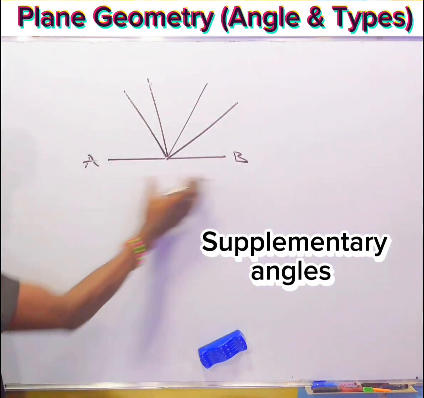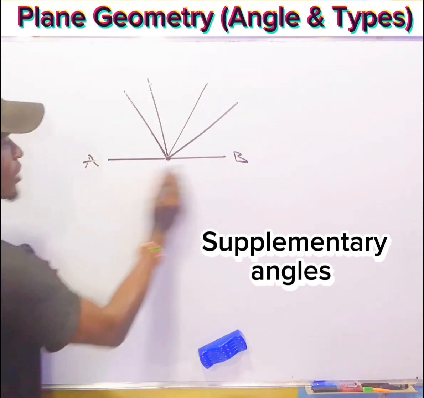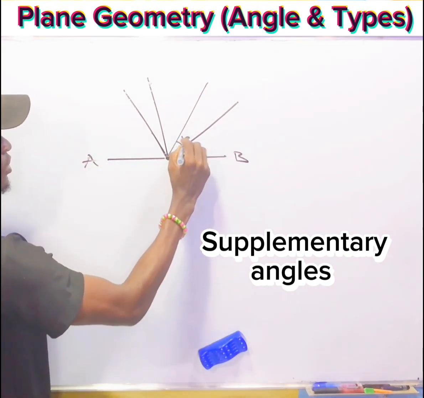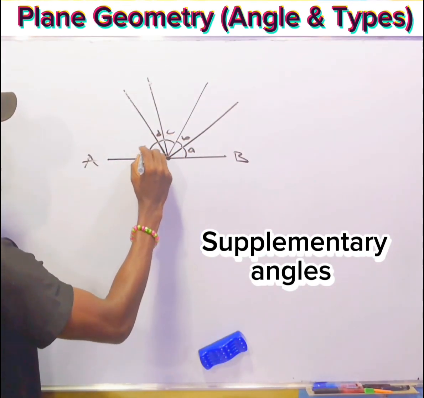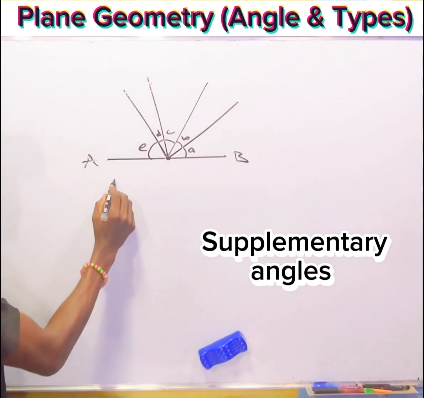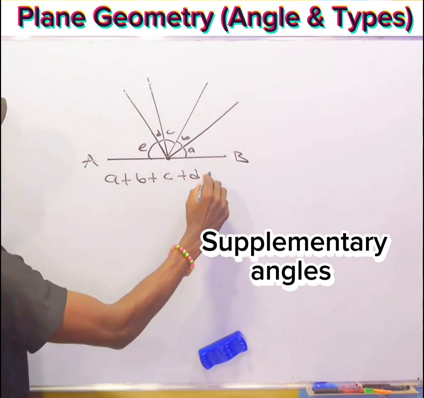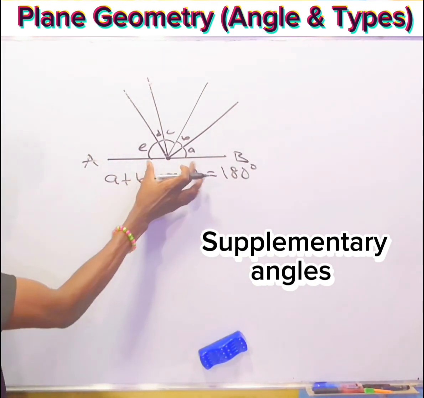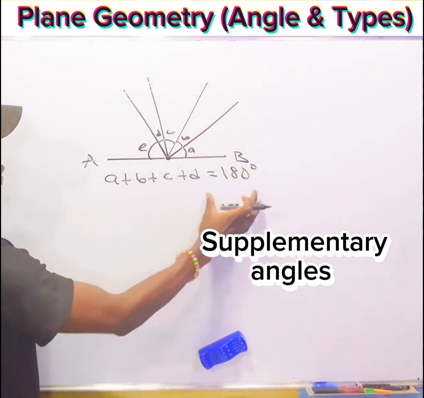Now, because all these angles have one adjacent and are formed from a straight line, let's say this is A, this is angle B, this is angle C, this is angle D, and this is angle E. So once we sum up A plus B plus C plus D plus E, it is equal to 180 degrees, which is the sum of all the angles formed in a straight line is equal to 180 degrees.